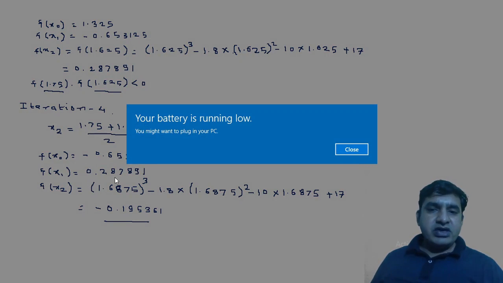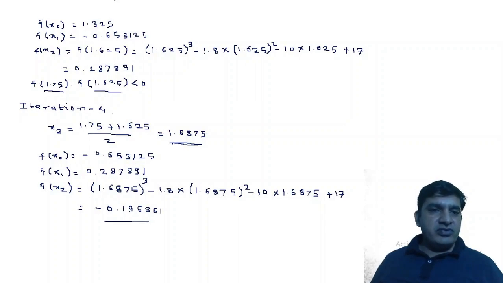1.625. Okay, 1.625, here this value is positive. This value is positive and this value is negative.